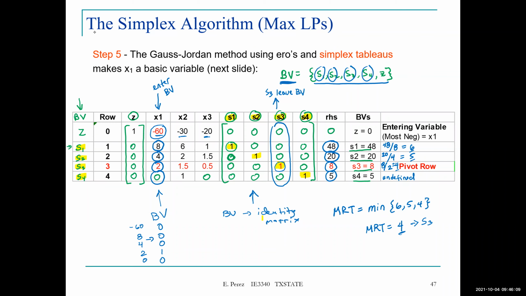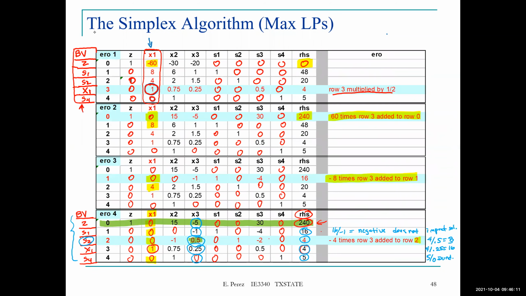And then the next step is to enter x1 into the solution. So x1 is now taking the place of s3. If you look at that first column at the top of the slide, in red, you'll see that x1 is now taking the place of s3. In order for that to happen, we have to make sure that the column for x1 is in the format of 0, 0, 0, 1, 0.